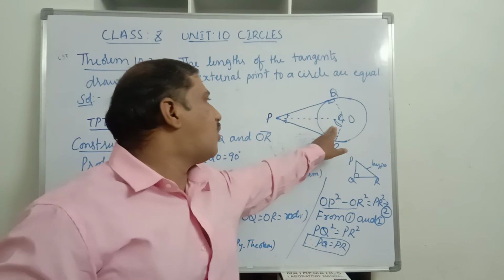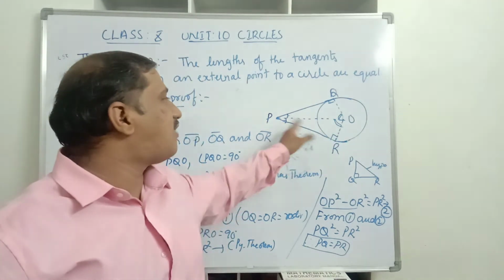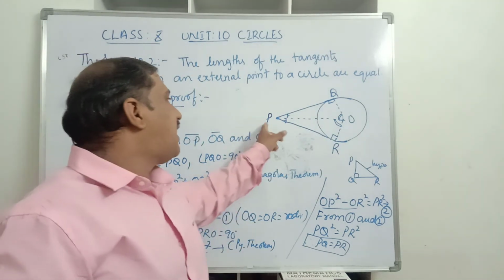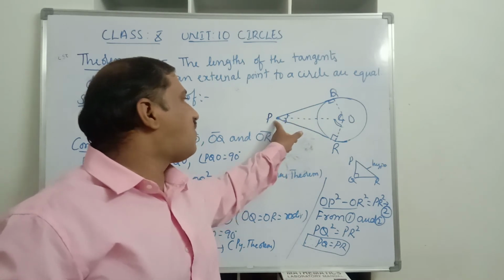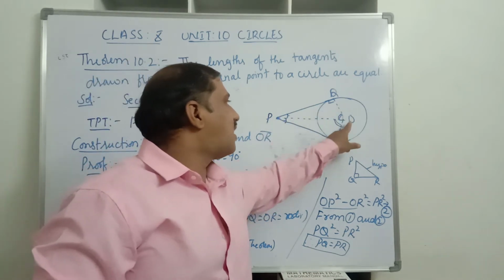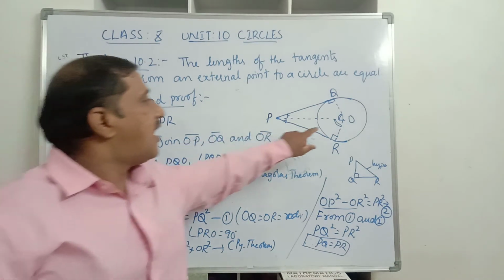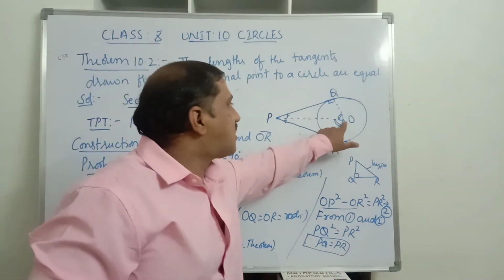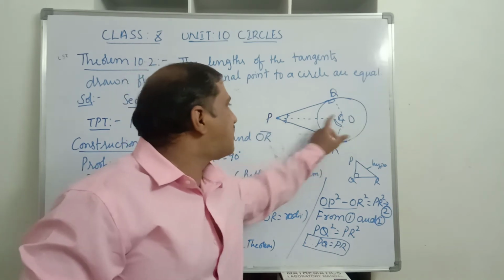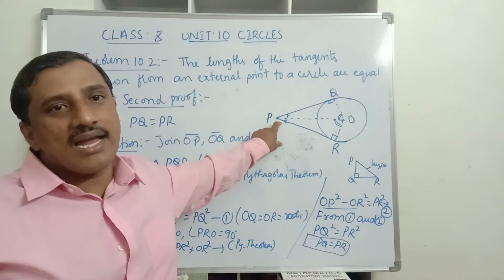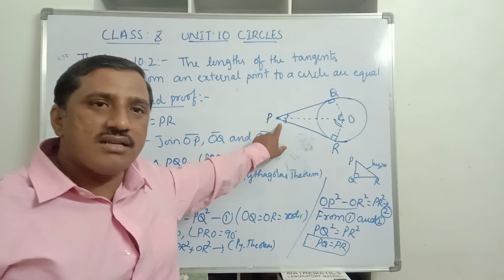Therefore, PO acts as the angle bisector of both angles. The third conclusion is that the center of the circle O lies on the angle bisector of angle P, that is, the angle made by the tangents at the external point.